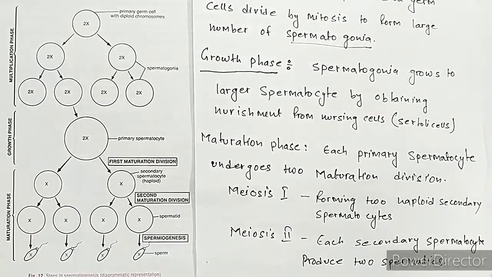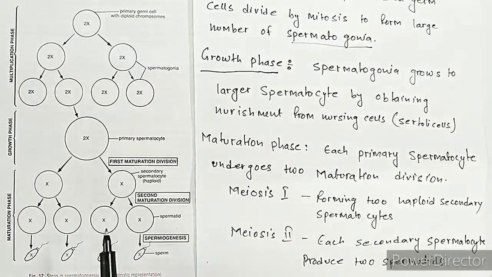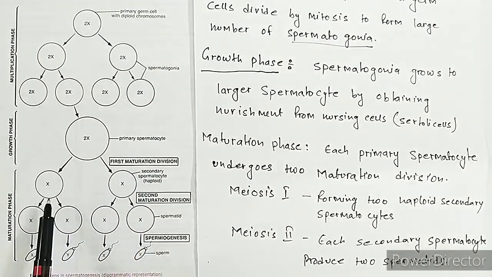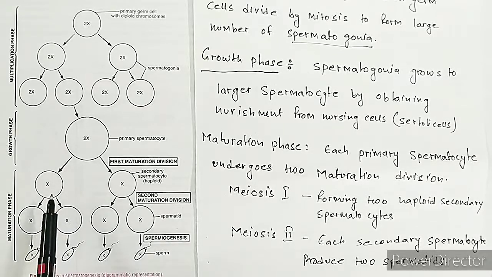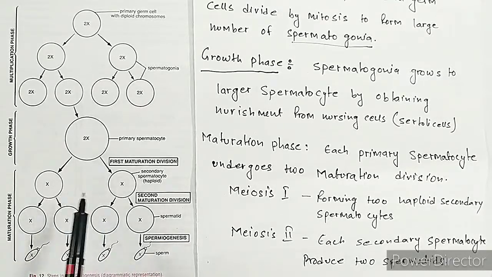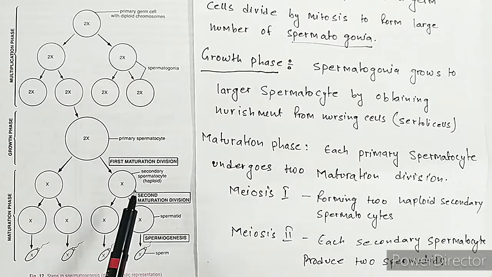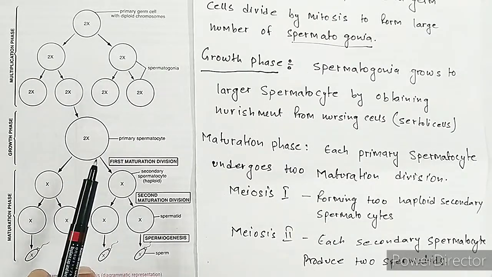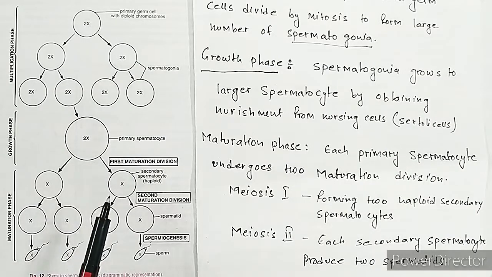So in the maturation phase, the primary spermatocyte goes into the first meiotic division, where it gives 2 secondary spermatocytes, which are haploid, having n number of chromosomes, half the number in comparison with the primary spermatocyte. Then it goes into the second maturation division, which is the second meiotic division.